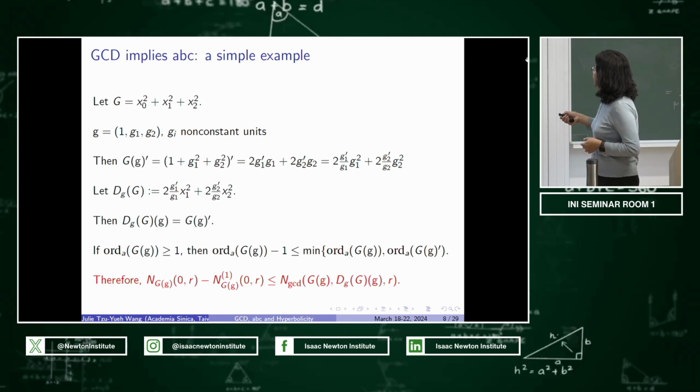So for this side, if it's 0, then nothing happens. So we only have to see if the order is bigger than 1. And so this part tells you the counting function, and this part is a truncation. So when it has a zero, you count only 1. So we have this side. And for this side, when we take a summation together, it's just the counting function of two polynomials.